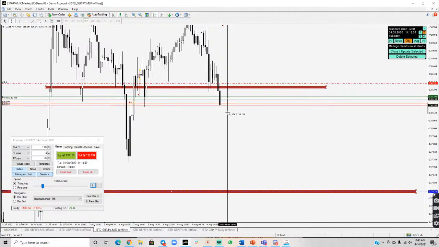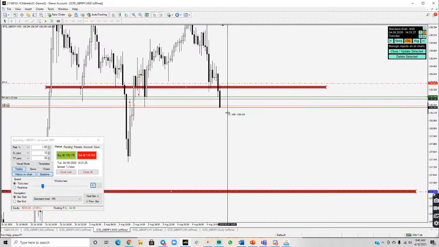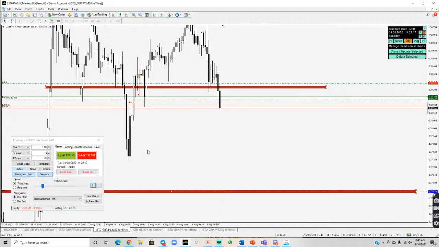And so we need price to push down to about 10 pips. All right, so let's see if we'll continue to push.